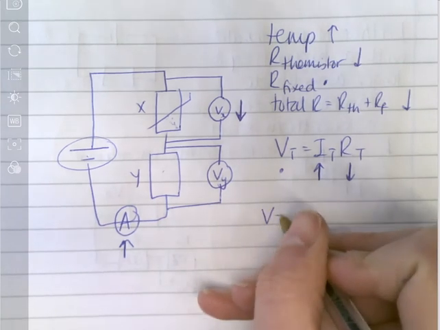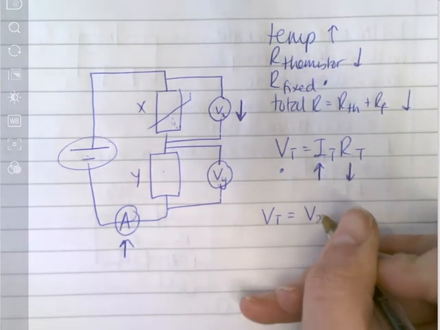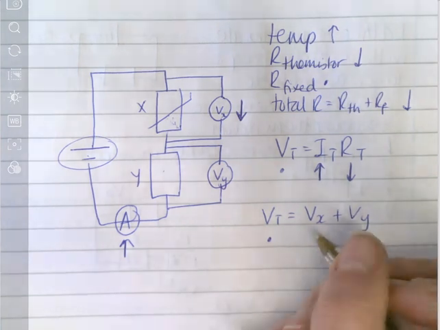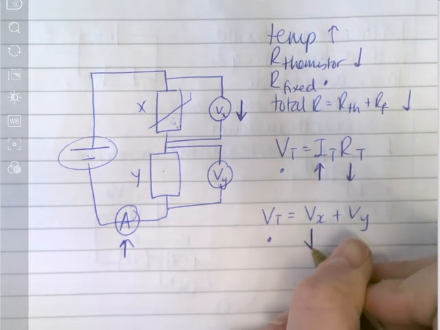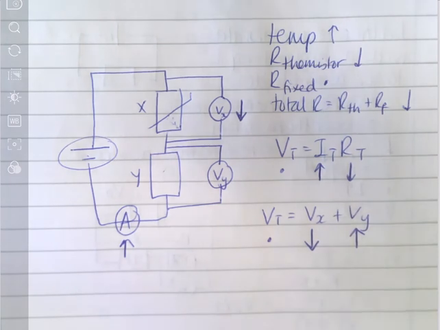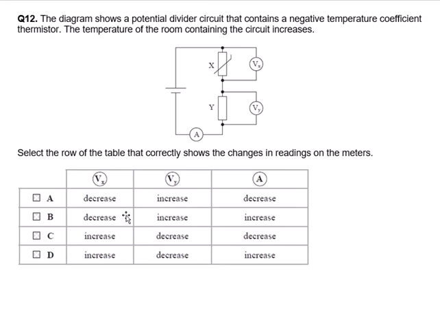But the total voltage equals Vx plus Vy, because it's a series circuit, and the total voltage hasn't changed. So if I've decreased the potential difference across X, I must increase the potential difference across Y to make that work. So Vx decreases, Vy increases, and the ammeter increases. So we've got decrease, increase, increase. The answer must be B.